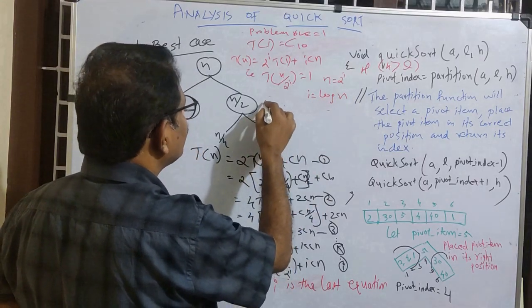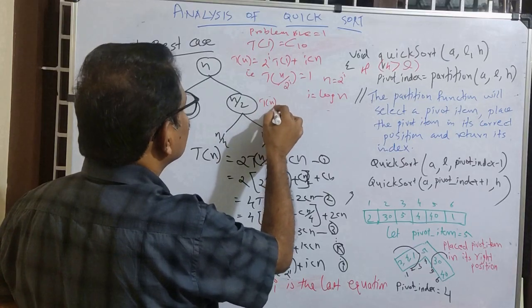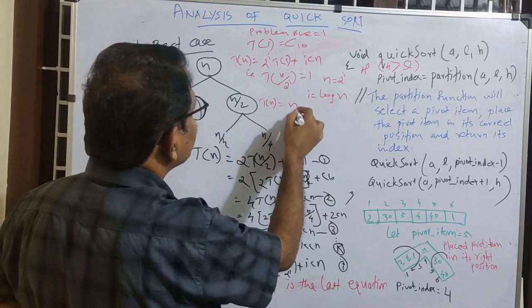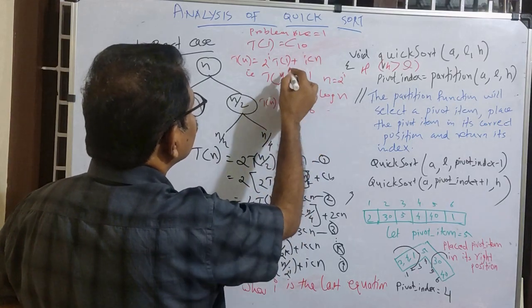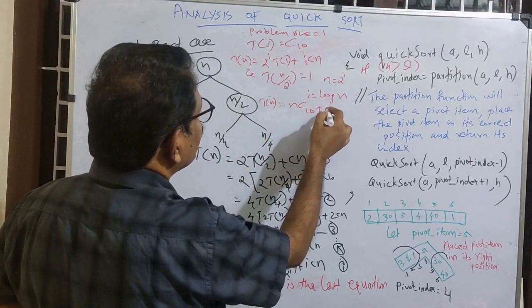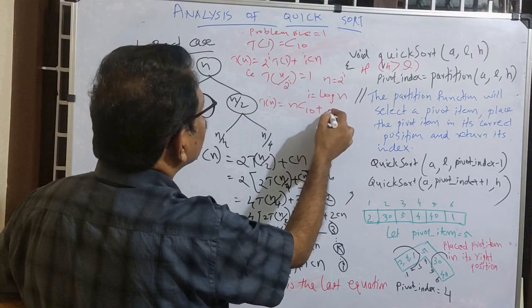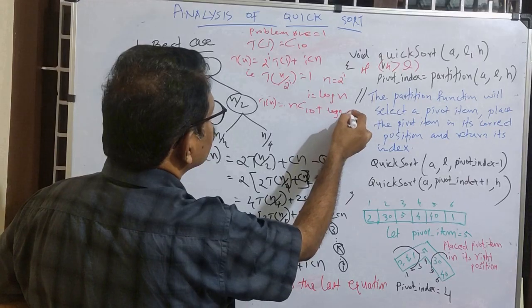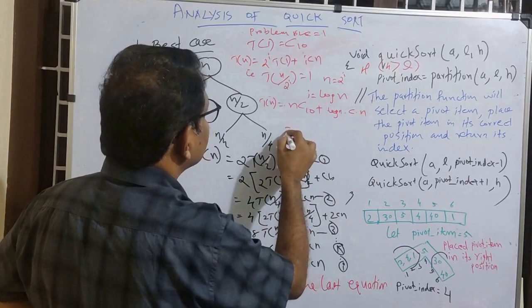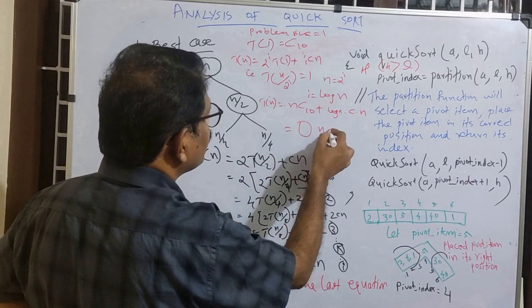Our T of n will be n into C1, since T of 1 is C1, plus log n into C into n. We can say the complexity is n log n.